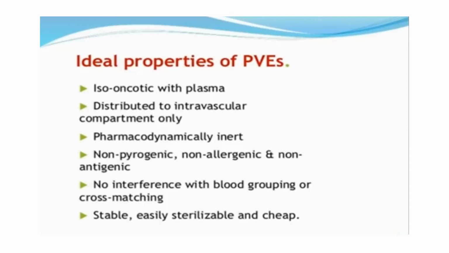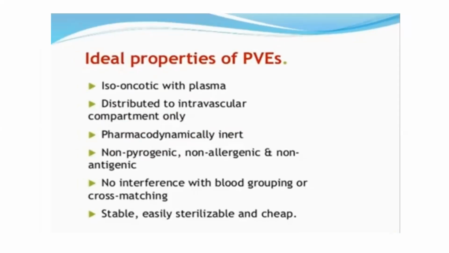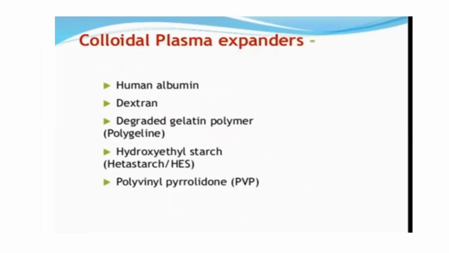Fifth is no interference with blood group or cross matching. Last one is stable, easily sterilizable, and cheap. These are the ideal properties of plasma volume expanders.